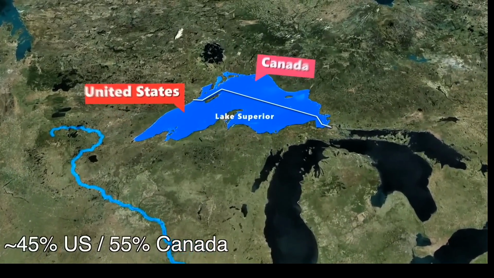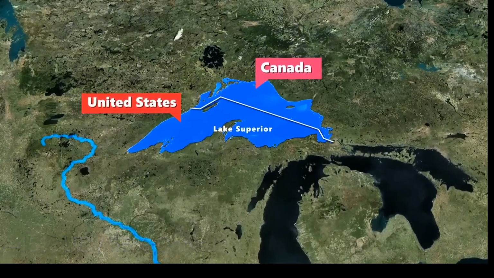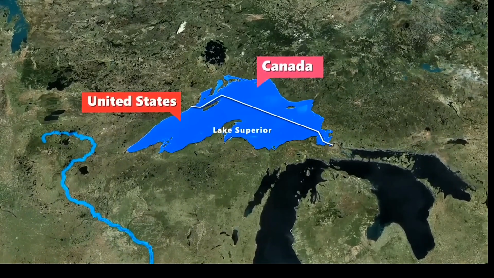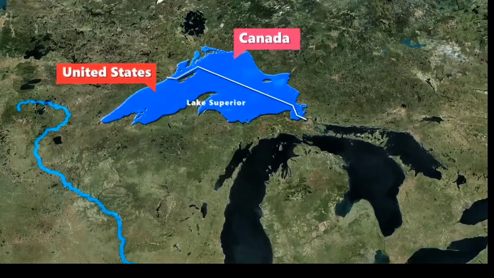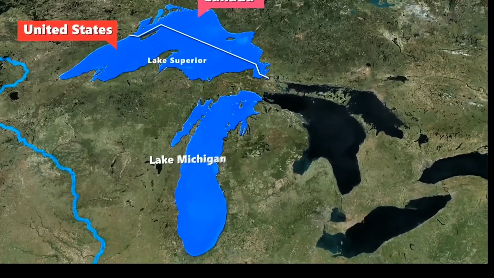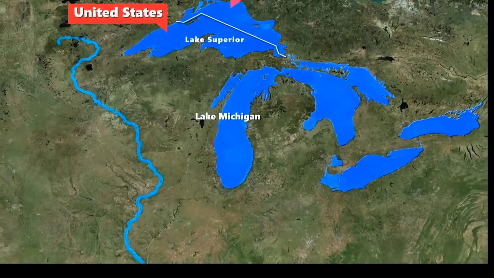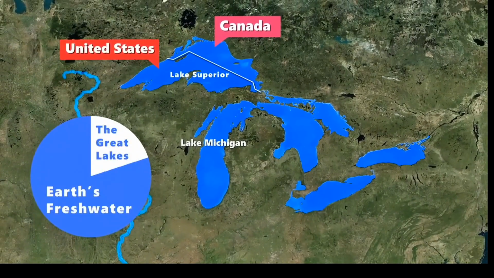However, only about 45% of it belongs to the US, meaning the largest lake completely within the US boundary, and the largest lake by area in the world fully within a single country, would actually be Lake Michigan. Together, the 5 lakes make up about 1/5 of the world's surface freshwater.